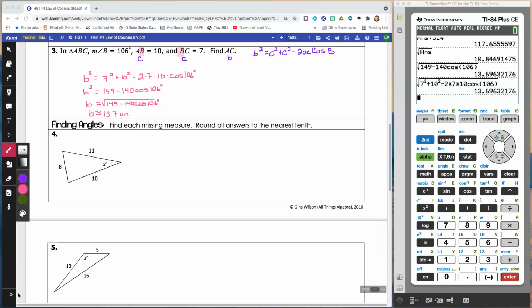First thing I want to do is remind you of what the law of cosines looks like.